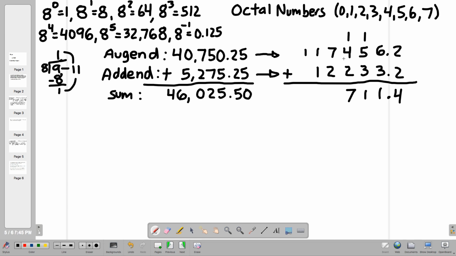Now we look to the next significant column towards the left. We have the values 7 and 2. We add those up, and we get the value 9 again. And we showed that we have to convert 9 because it does not show up in the set of octal numbers. Its octal form is 11. We can't put 11 in one column.